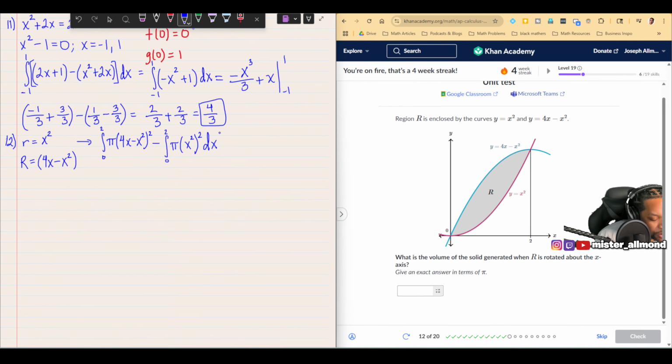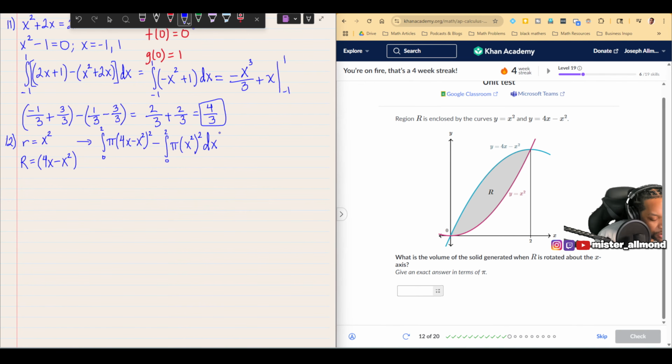Since the bounds are the same, you can combine it into one. You'll get the same answer. But I don't want to do this by hand, bro. But I guess since we're being legit, Khan Academy doesn't give me a calculator on this one. So I guess I'll do it by hand. All right. So, Chris, based on what you said, which is correct, you could rewrite it as such.